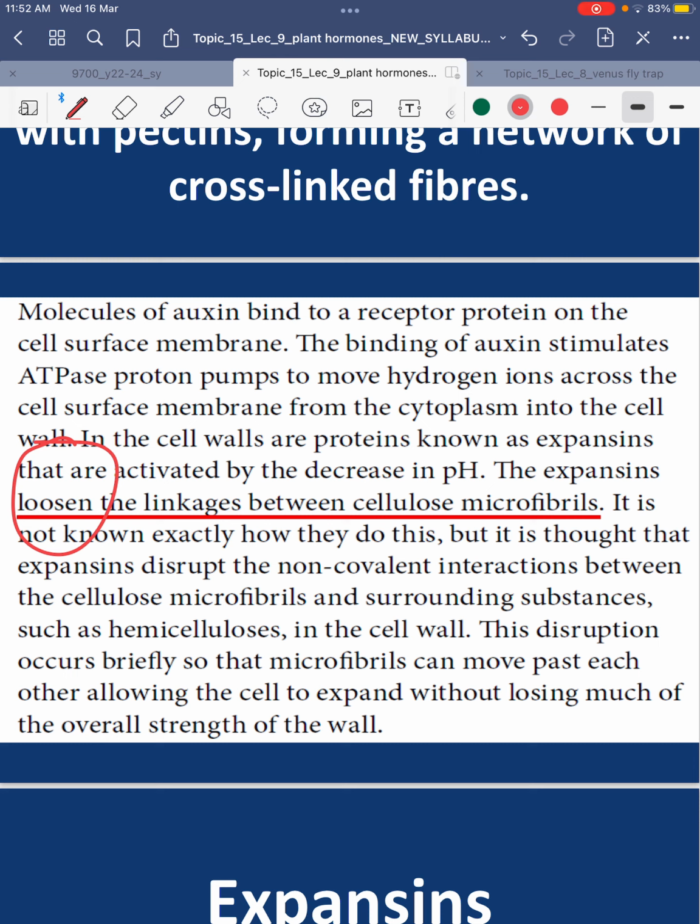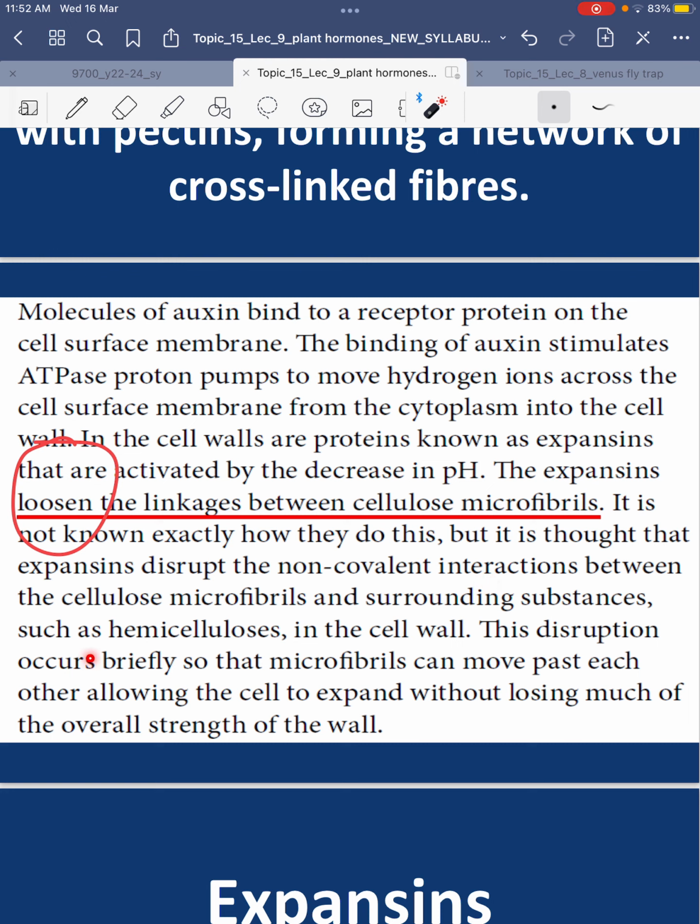It loosens the linkages between cellulose microfibrils. It is not known exactly how they do this, but it is thought that expansin disrupts the non-covalent interaction between the cellulose microfibrils and the hemicelluloses, which is the crosslink.